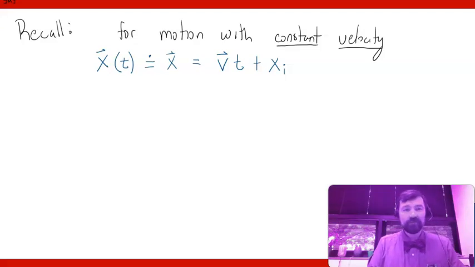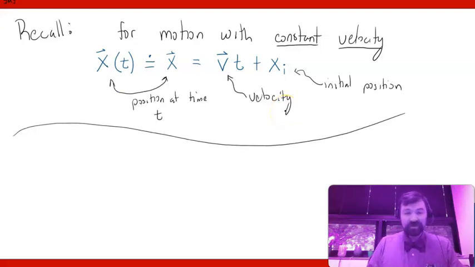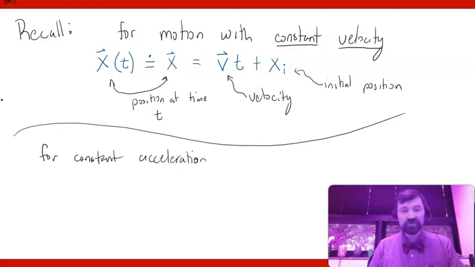The analogy that we might use here is that for constant acceleration, which is the same thing as constant change in velocity per time, we should be able to write that the velocity as a function of time, which we now represent as v, would be equal to the acceleration times the time plus the initial velocity.